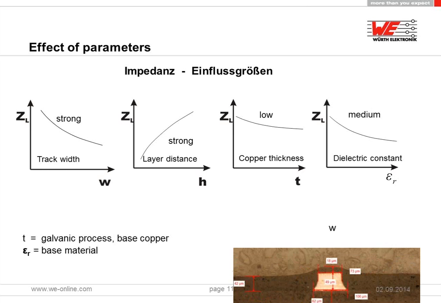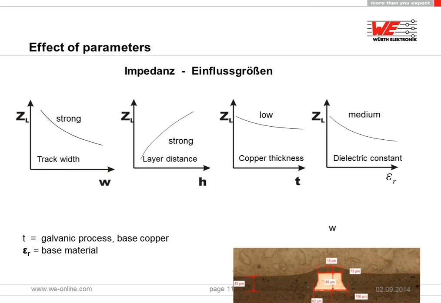Now let's have a closer look at this effect, thickness of polyimide film. We have done some calculations. The target impedance value was 50 ohms, and the thickness of the polyimide film was variable, and also the separation has varied.